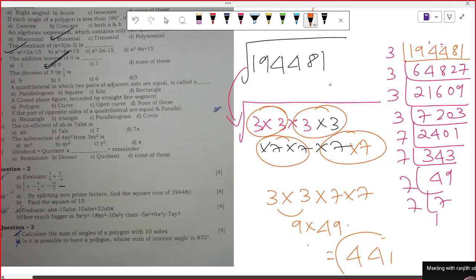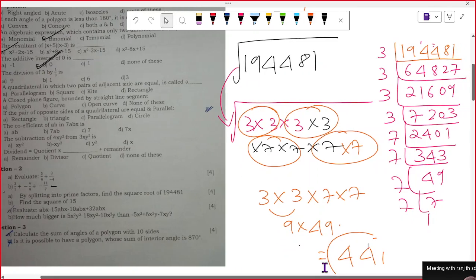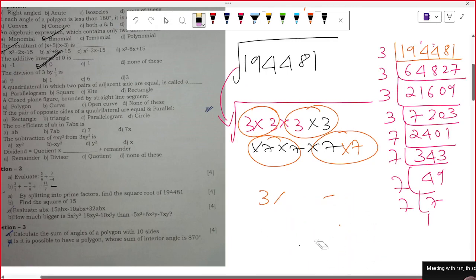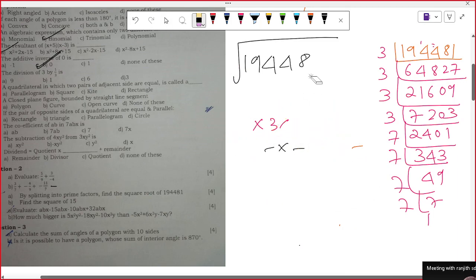They have given it only for 2 marks or 3 marks, I guess. Next question. Second main B. What is given? Find the square of 15. Shall I erase this question? What's the square of 15? What do you mean by square?